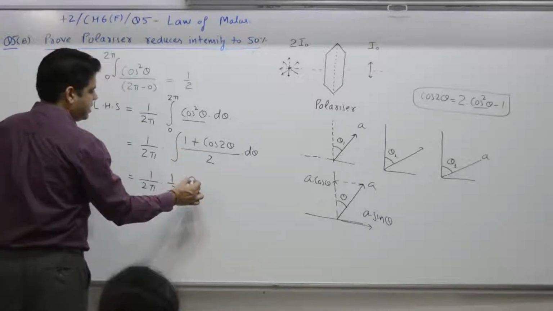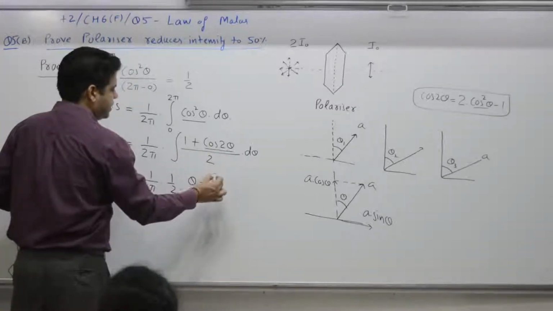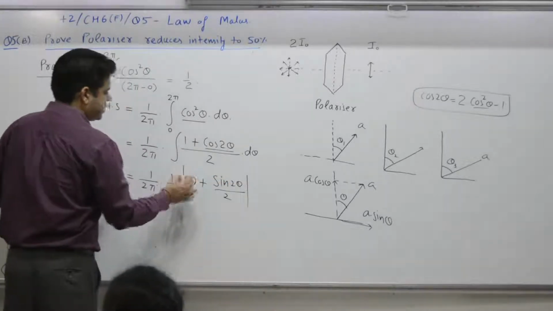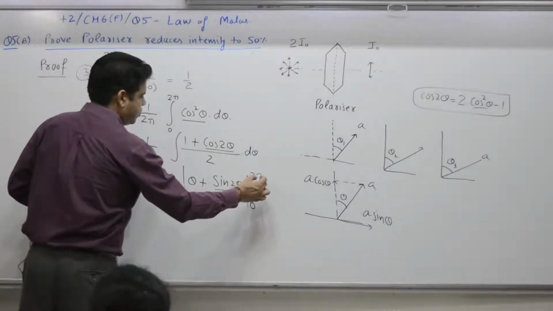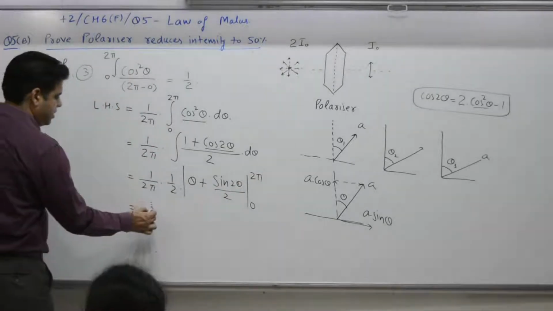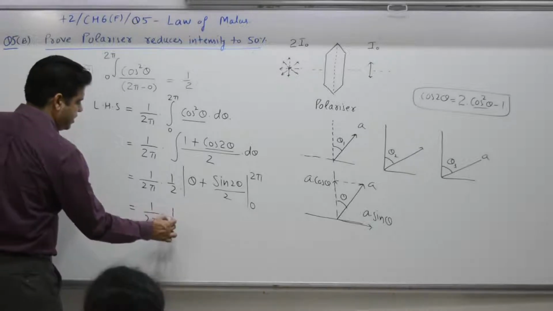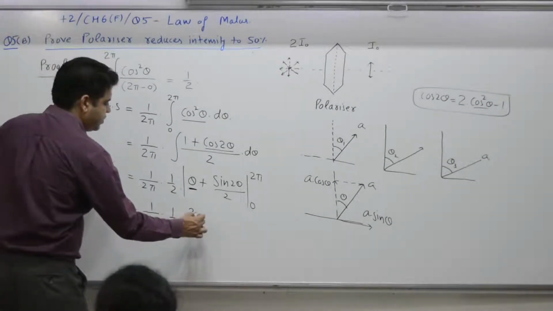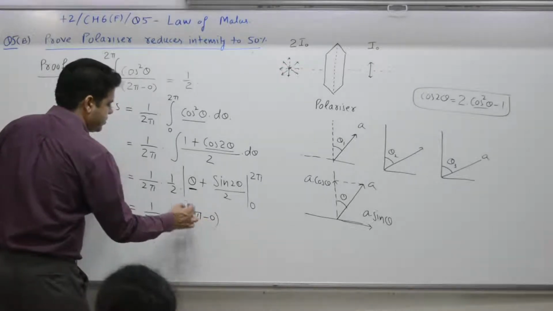Integration of 1 is theta. Cos 2 theta integration is sin 2 theta by 2, limits 0 to 2 pi. It is equal to 1 by 2 pi into 1 by 2. Put limits for theta. Upper limit is 2 pi, lower limit is 0.